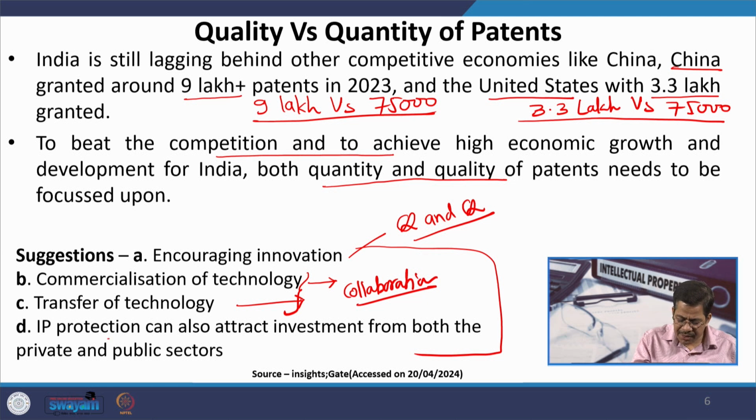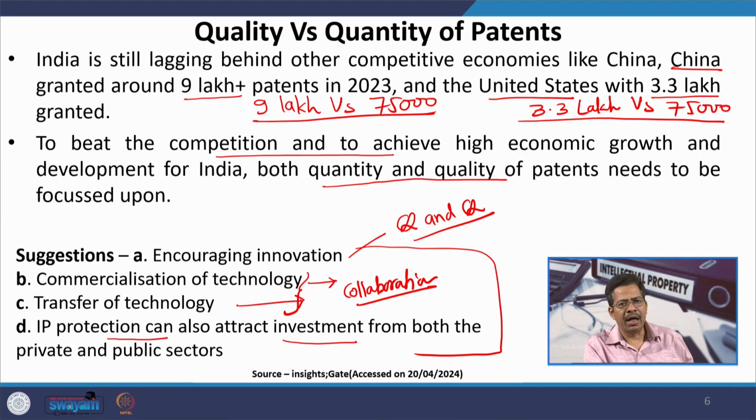Then another important strategy can be, as I am saying, that with the size of your portfolio, you can attract investment, because many of us are looking at the size of your IP portfolio, and if you have a good size of IP portfolio, you may get investments both from private as well as public sectors, and with more investment you can go for deeper R&D activities which will help you in improving the quality of your IP portfolio.